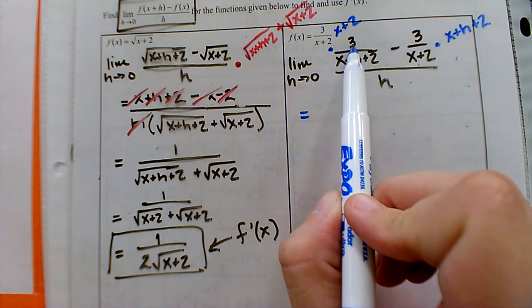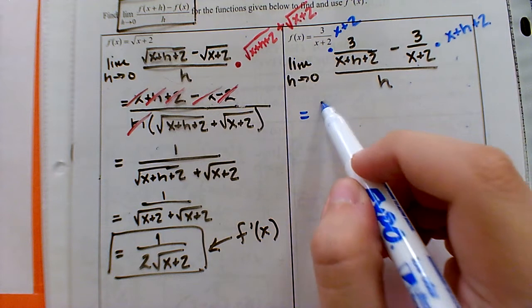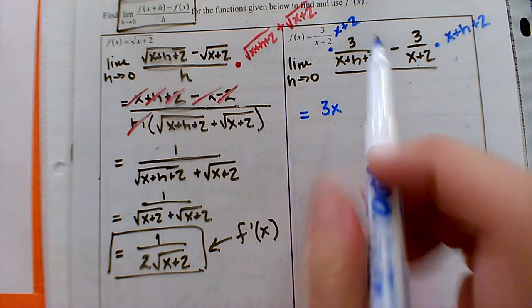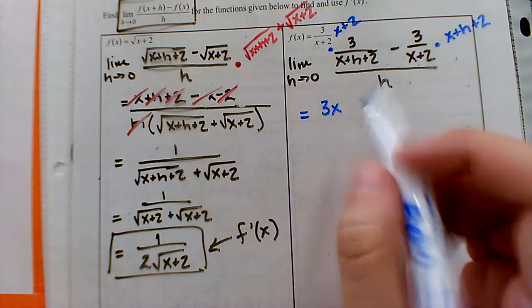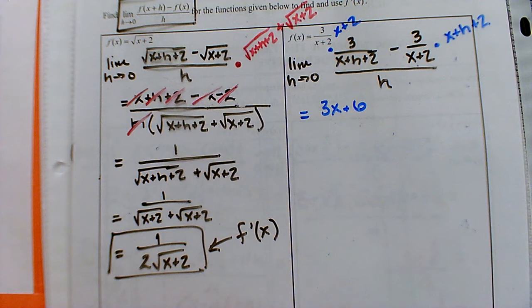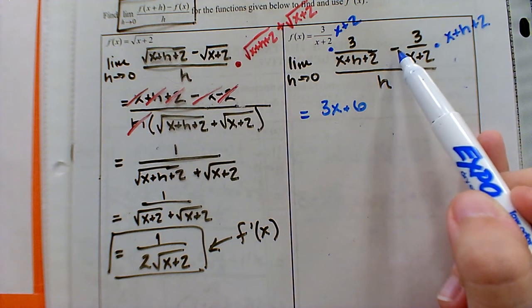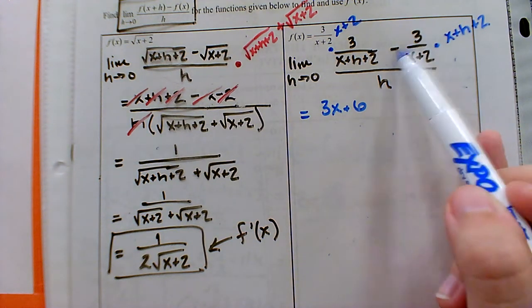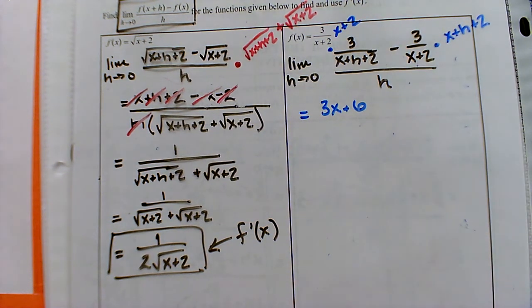If we take 3 times x, we'll have 3x, and then 3 times 2 will give us 6. Let's go ahead and do the other numerator. We gotta be careful because we're subtracting, so you can think about this as a negative 3 if you wanted to.